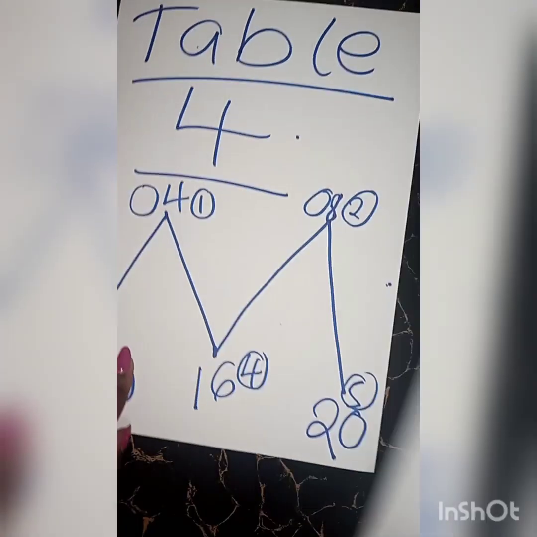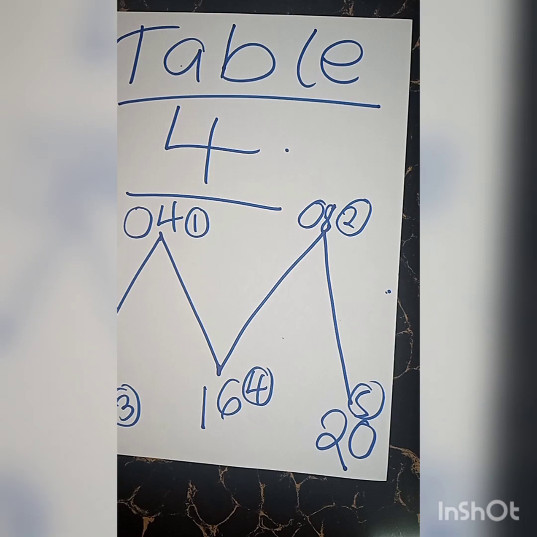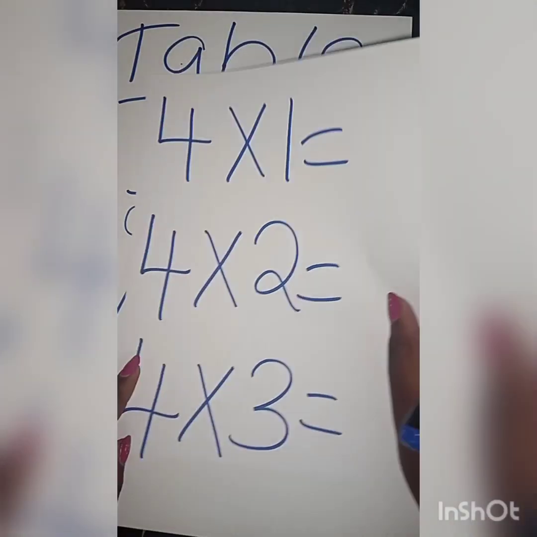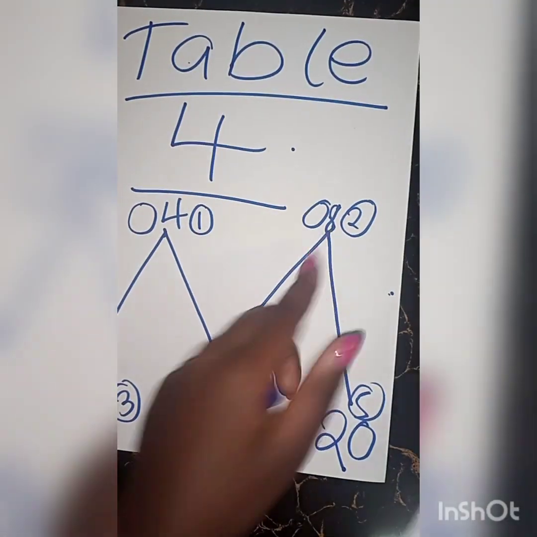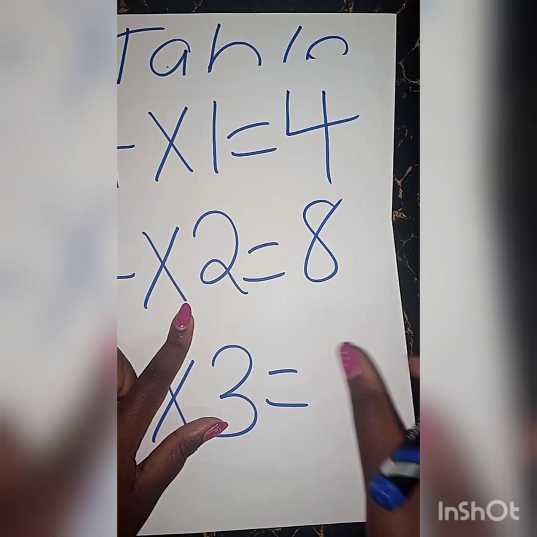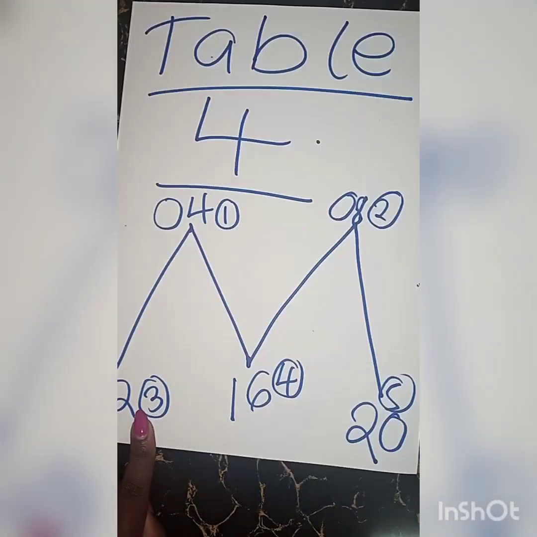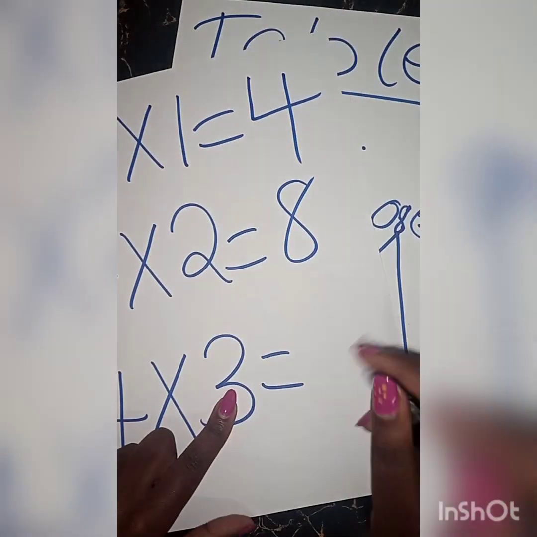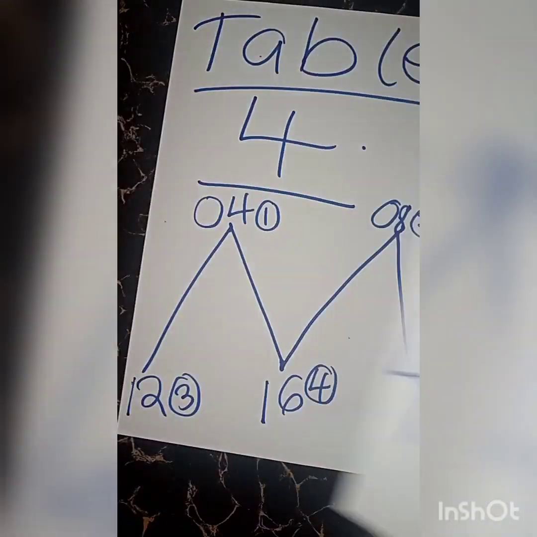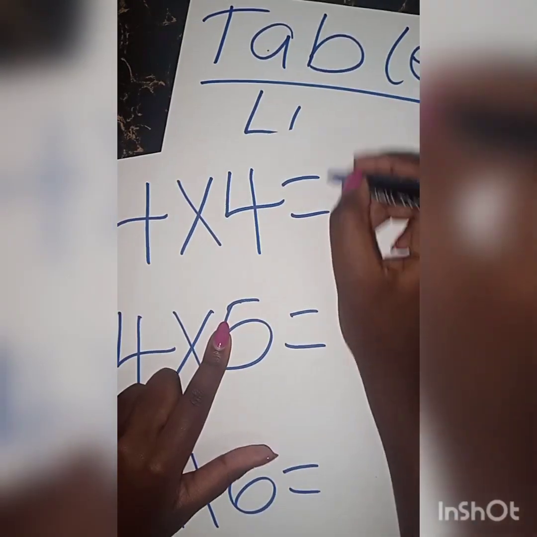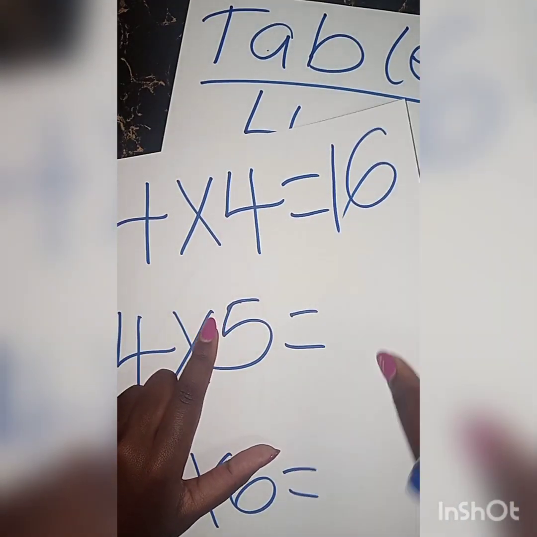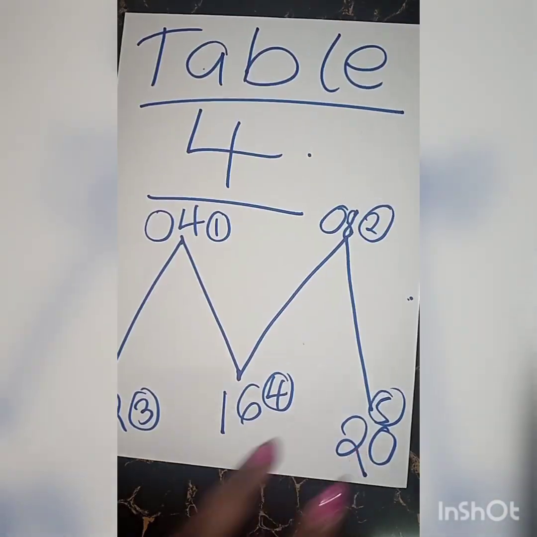So 4 times 1 is 4. Okay? 4 times 2 is 8. 4 times 3 is 12. 4 times 4 is 16. 4 times 5 is 20.